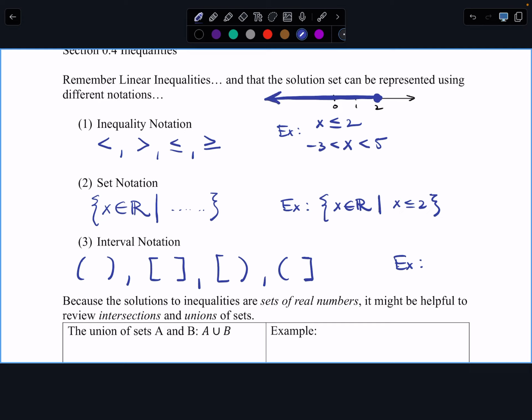So if we are reading that number line from left to right, all the values that would make that a true statement would be from negative infinity all the way up to 2, including 2.